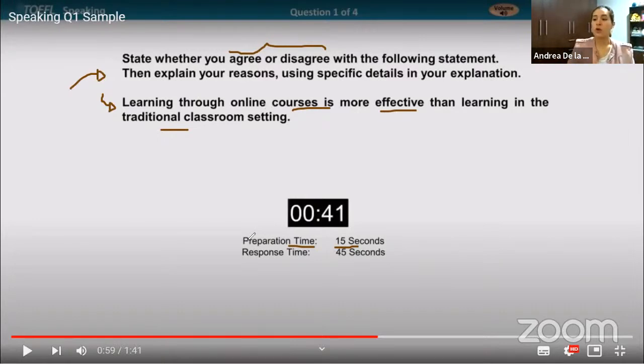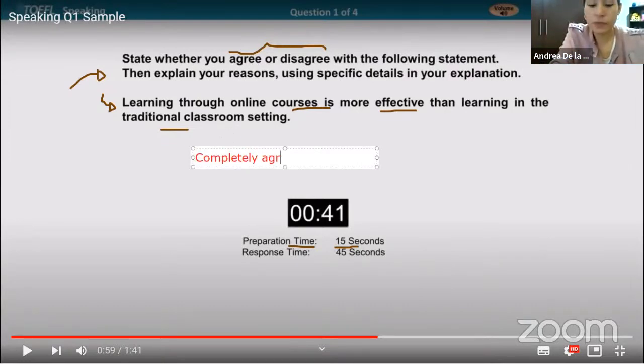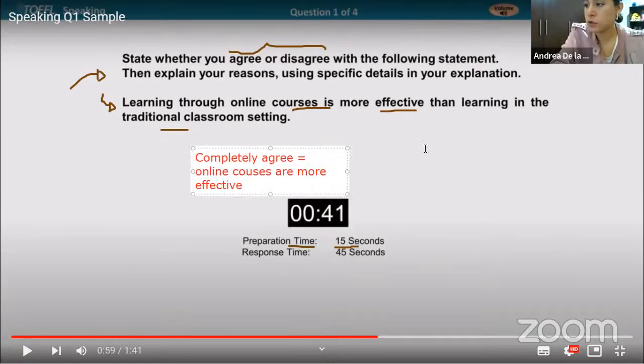That means that you could completely agree. You only have two options. Either you completely agree and you think that online courses are more effective, that's option one, or you completely disagree, and that's option two.